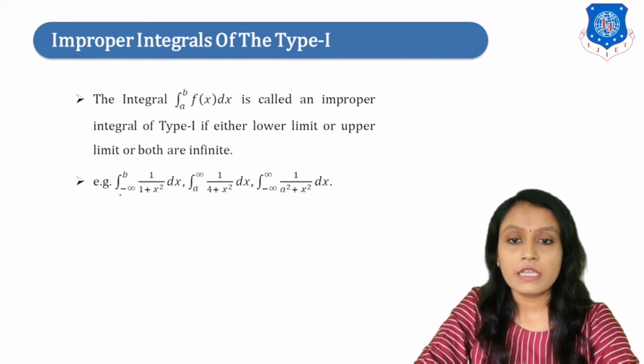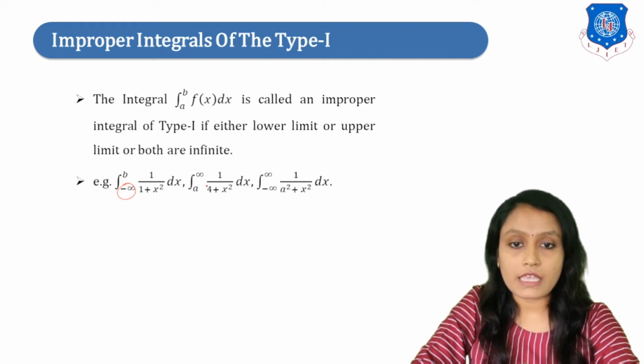Now you can see this integration from minus infinity to 0 of 1 upon 1 plus x square dx. You can see this infinity in the lower limit. So whenever you see an infinity in the lower limit or upper limit or in both the limits, such types of integrals are known as improper integrals of type 1.